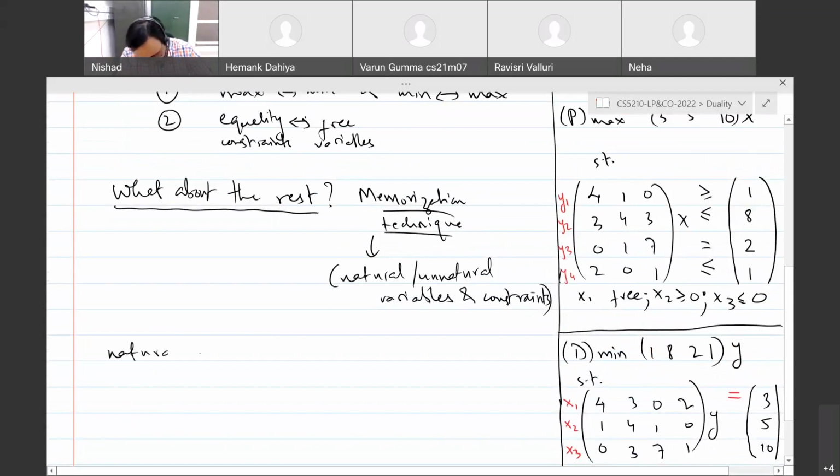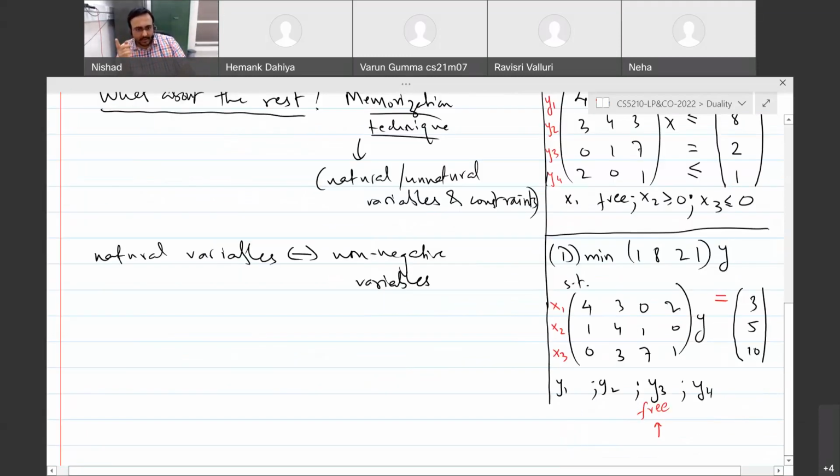Natural variables for any linear program are exactly the non-negative variables. It's just a memorization technique. And I want to tell you which constraints are natural, but this depends on whether your problem is a maximization problem or a minimization problem.